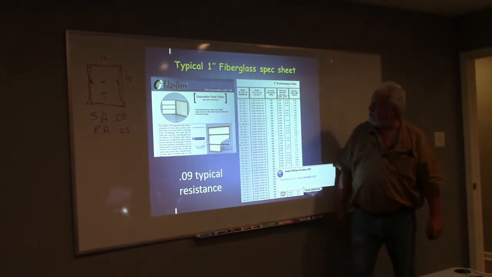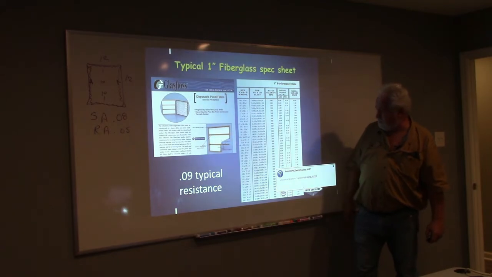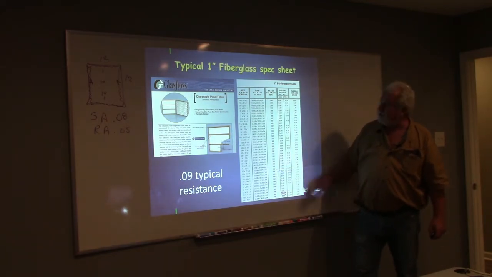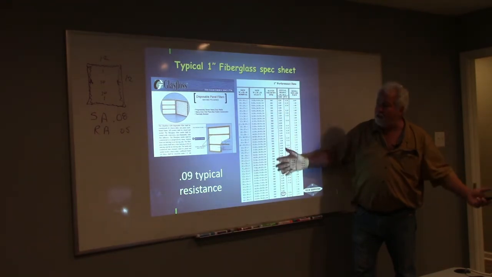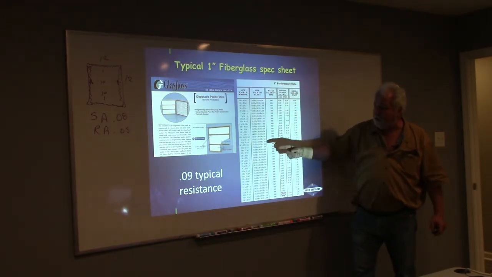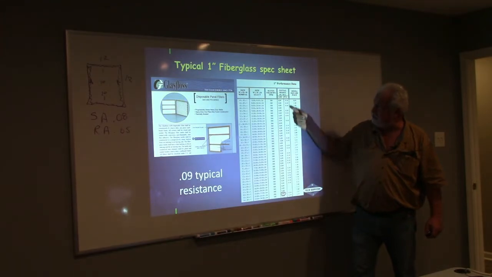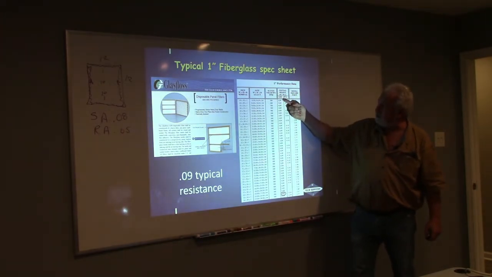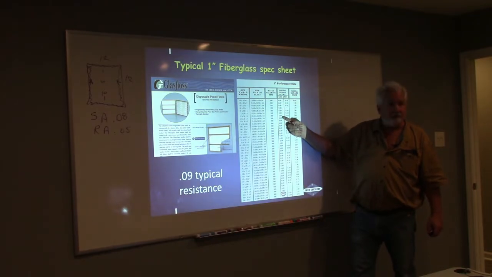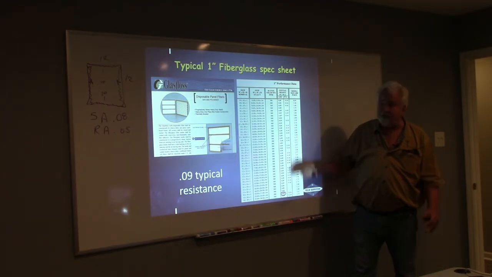Let's look at this. A typical throwaway filter: 0.09 resistance. Look, all the different sizes. Look at the resistance: 0.09, 0.09, 0.09, 0.09. Everything is 0.09, right? So 0.09, 0.07, that would be a good resistance on a really basic filter.